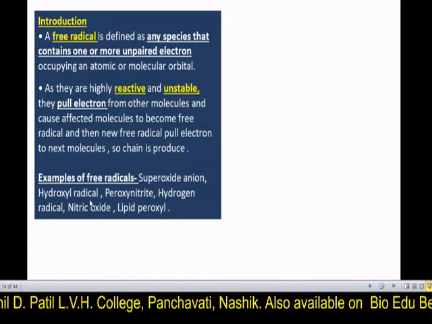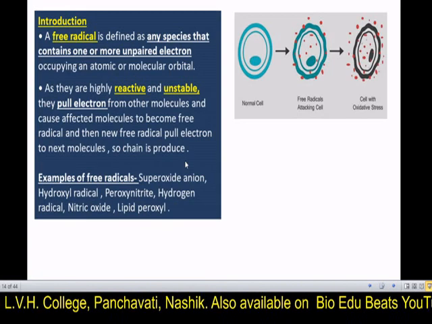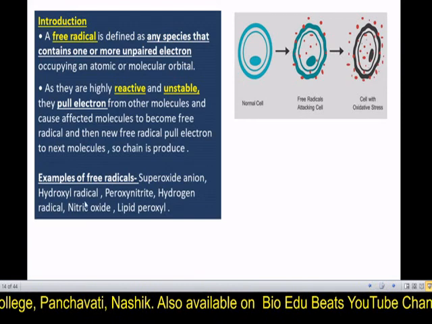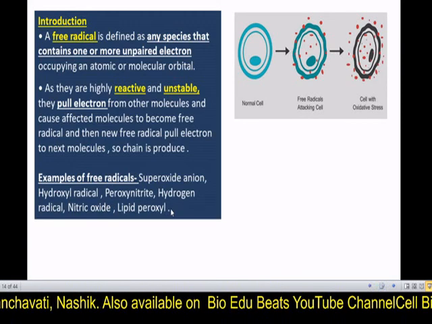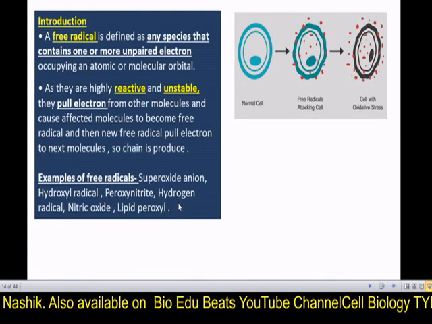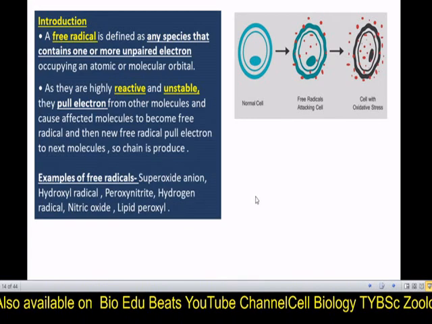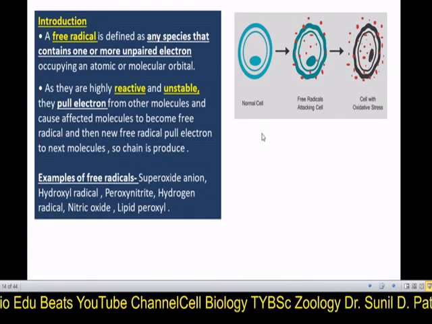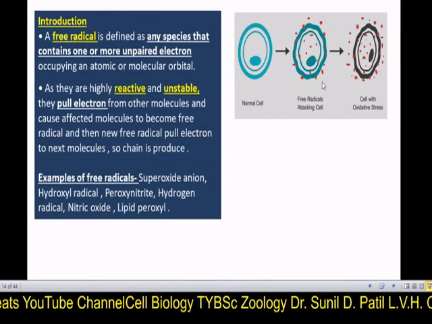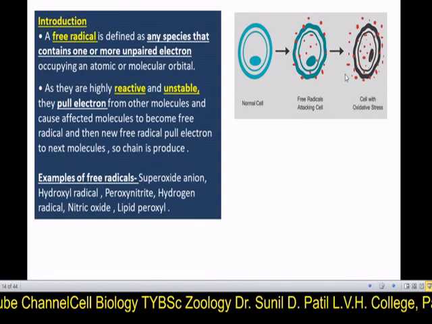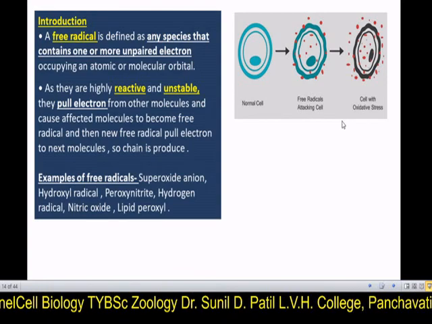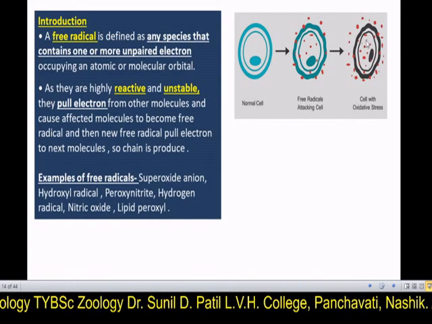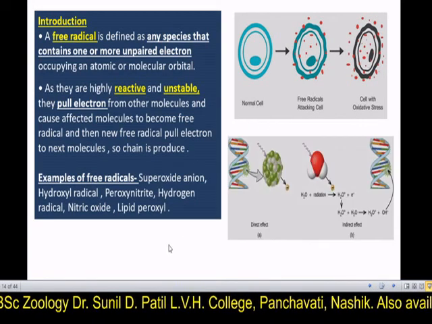Examples of free radicals: superoxide anion, hydroxyl radical, peroxynitrite, hydrogen radical, nitric oxide, lipid peroxide, peroxide. So a normal cell, if free radicals attack it, shrinks and becomes irregular. The oxidative stress also causes this condition of the cell.